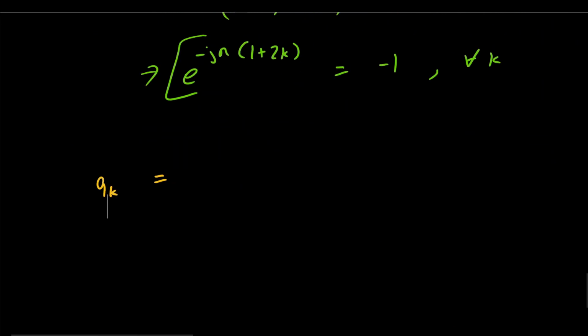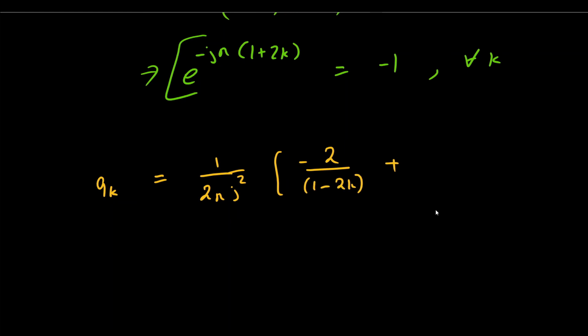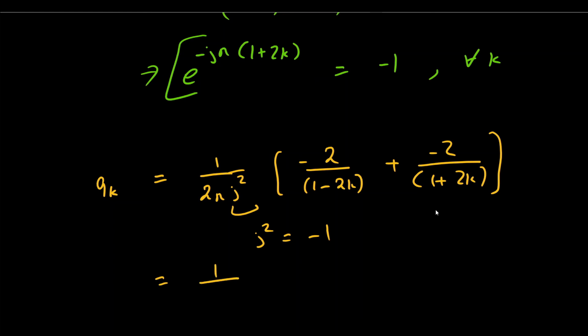Now plugging in this and this function in this equality, we simply have an ak which is 1 over 2 pi j square times minus 2 by 1 minus 2k plus minus 2 over 1 plus 2k. But note that this j square is simply minus 1, so we can equivalently write this as 1 over 2 pi. So this would make this and this positive, that is the j square.